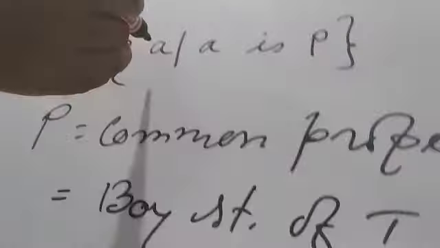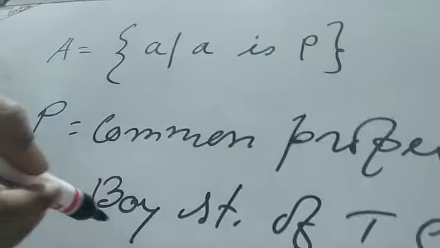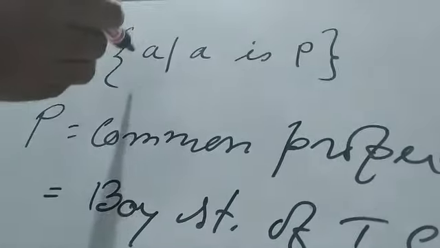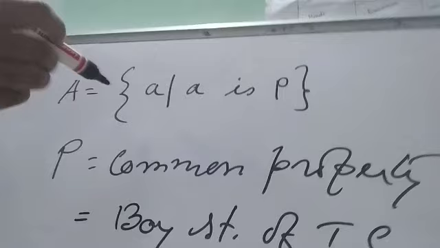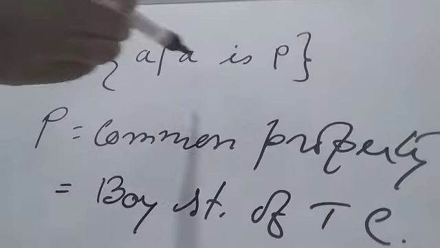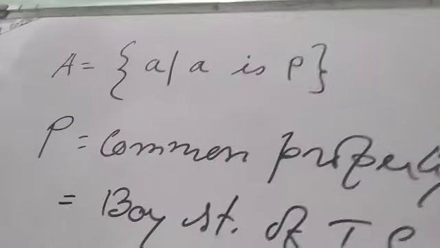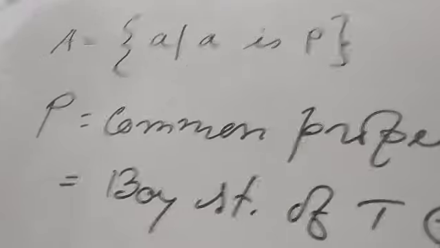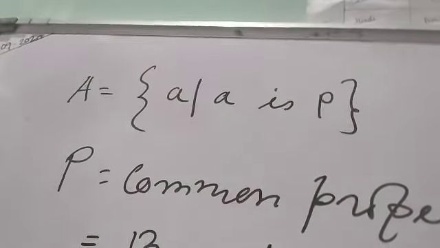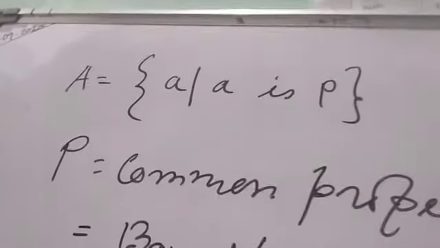That means a will represent the property of P, and the P property is boy student of Tezpur College. So what is the set actually? The set is that A will represent all the boy students of Tezpur College. Since the set is very large, though it is not infinite, there are lots of elements in the set.